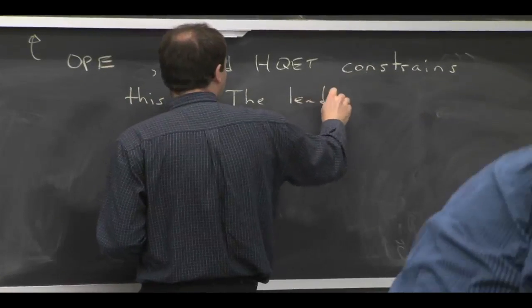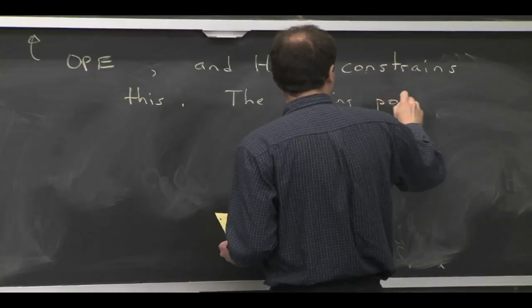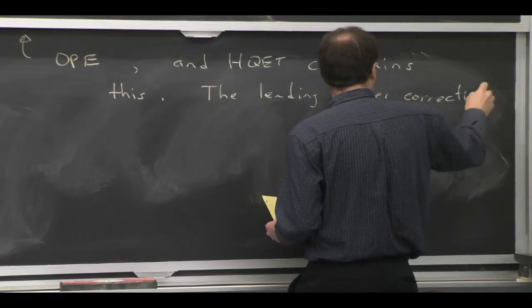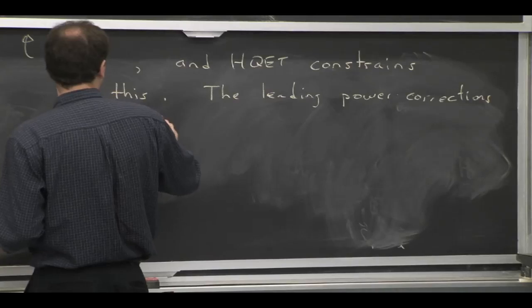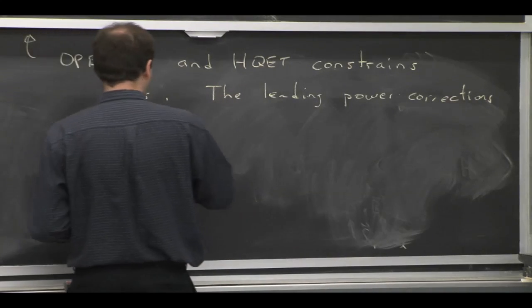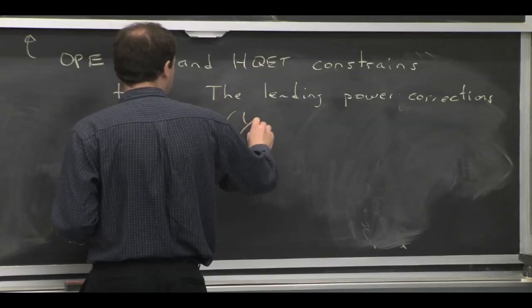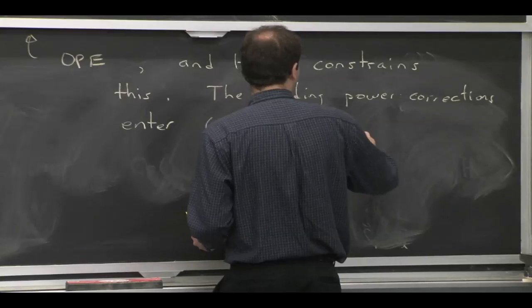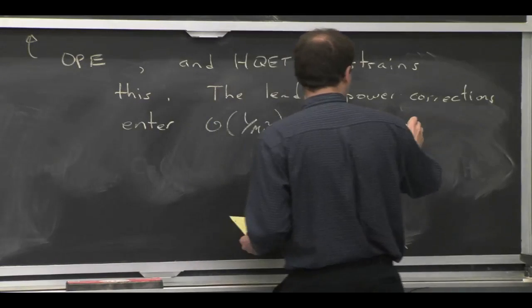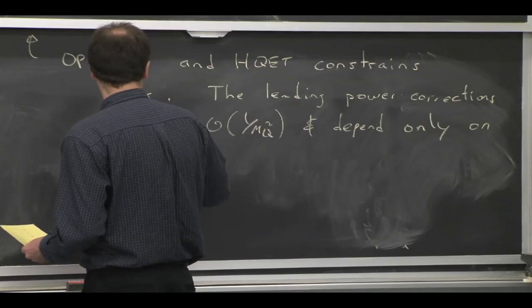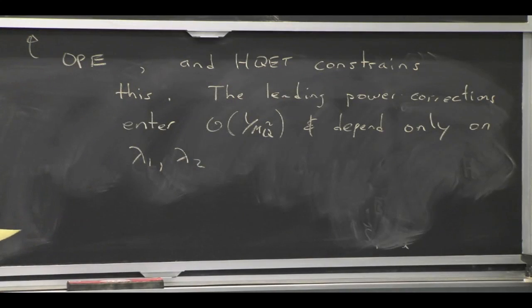And indeed, when you work out the leading power corrections, they turn out to not enter until two orders down. So again, you're protected from first order corrections, and you just get corrections that occur at 1 over m_Q squared. Furthermore, they depend only on the two parameters we already defined. So you don't even get any new non-perturbative matrix elements. You just get the two we were talking about over here with the masses.